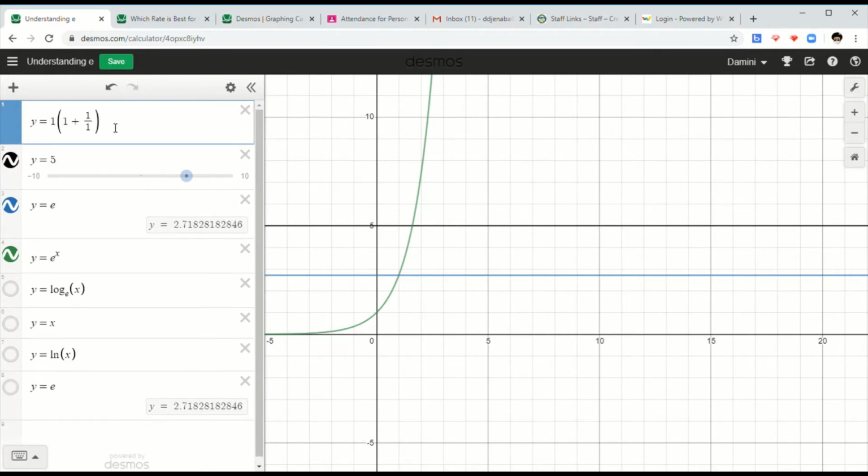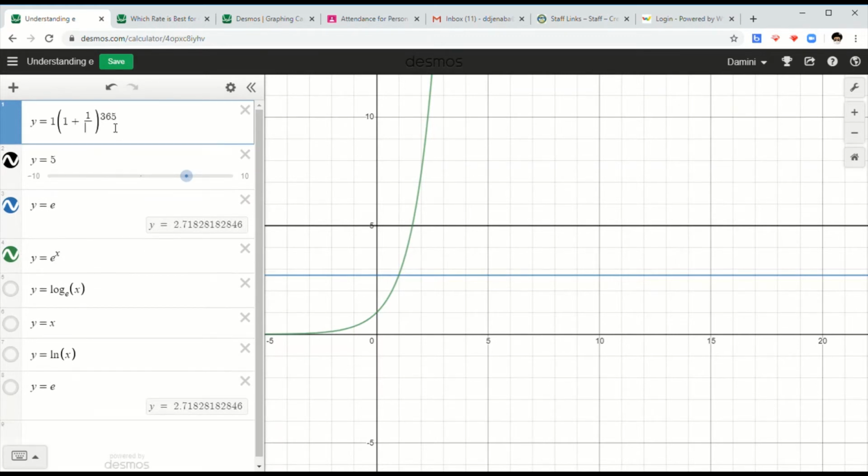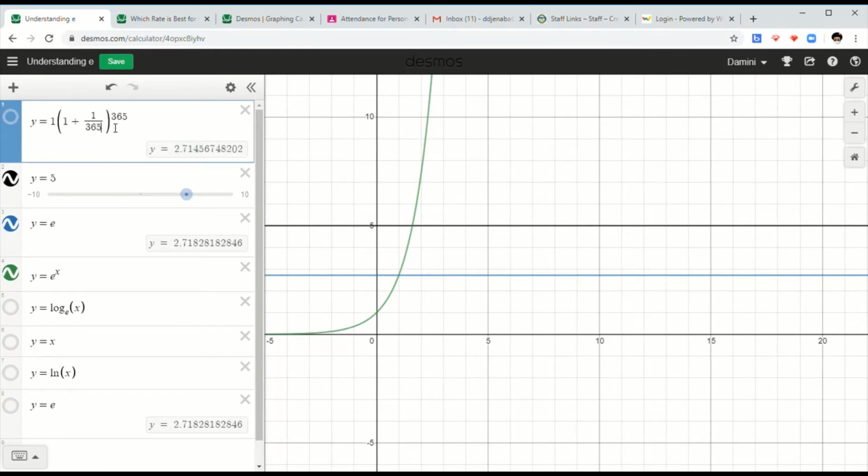Let's go back, because we already know that our goal is to be compounding as often as we can. And so this is saying, let's compound daily. And I could put the ×1 up here because we're looking at what's happening every year, but I'm not going to do that.